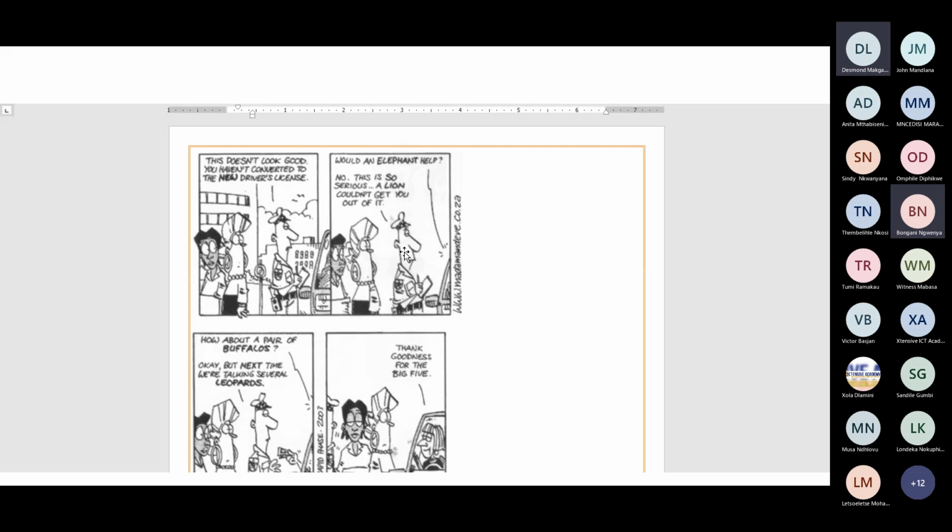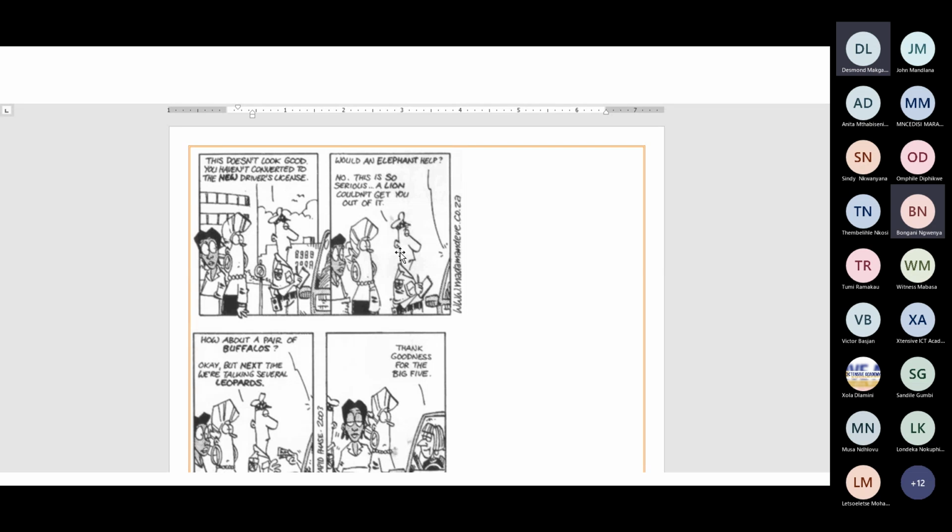All right. So essentially, what's happening here in this article is a police officer is being bribed by the lady, and when they mention the 12 buffaloes, and the other one is mentioning next time they must bring several leopards, they are indicating the animals that are on the money.